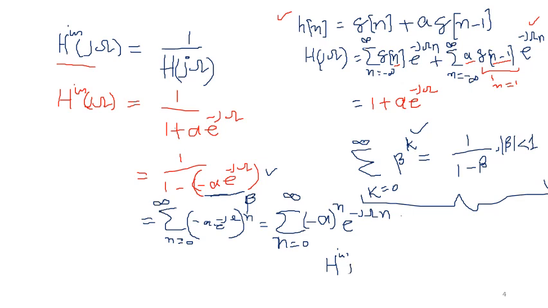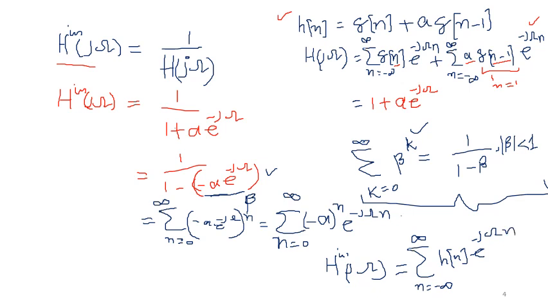Now, for example, we have h inverse of n, okay, so h inverse of j omega, right? So the Fourier will be for this. For example, we have the h inverse of n in time domain. So to convert to the frequency domain, we'll use the Fourier formula, the summation from minus infinity up to infinity of h of n and e power minus j omega n, right?